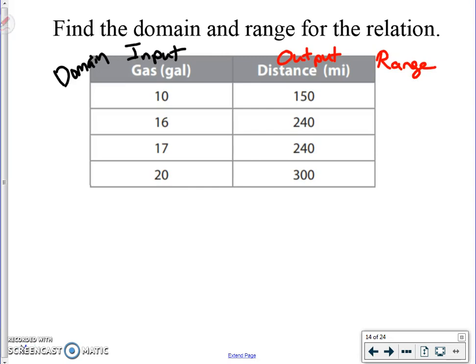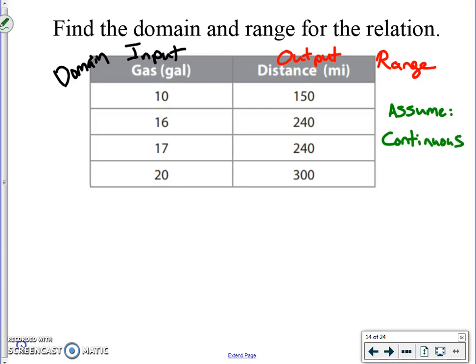Now, as an aside, gallons of gas, I should be able to put in as a continuous amount. There is nothing stopping me from putting in a small fraction of gallons of gas between 10 and 20. Likewise, I can travel mileage between 150 and 300 miles, and I can travel incrementally small amounts of miles there. So we're going to assume that this is continuous.